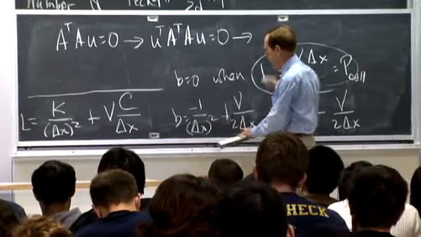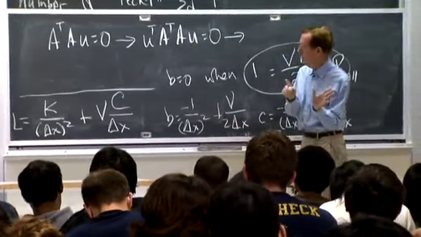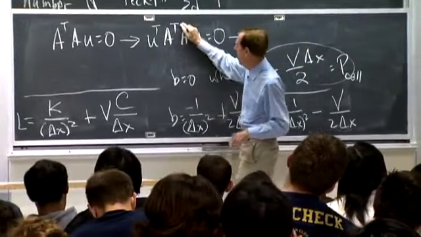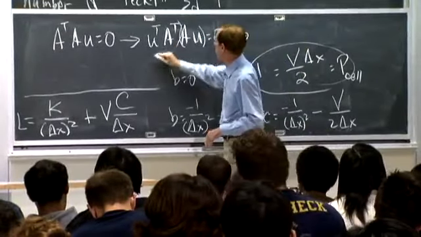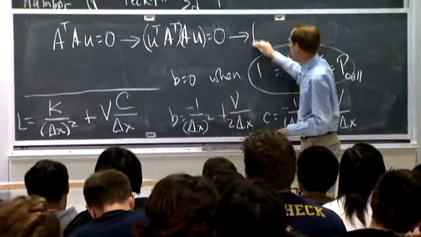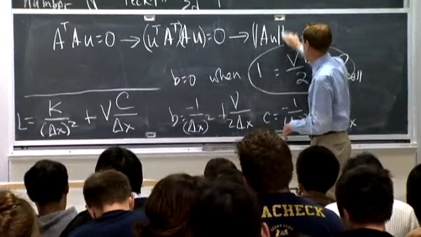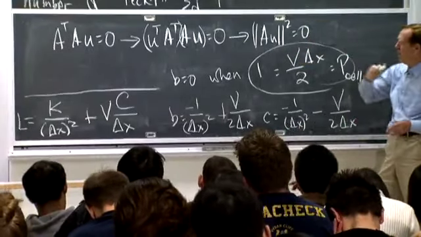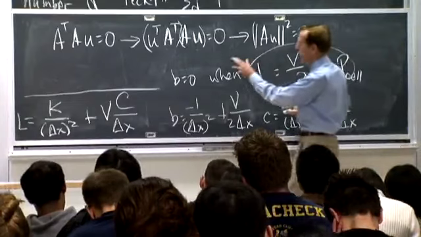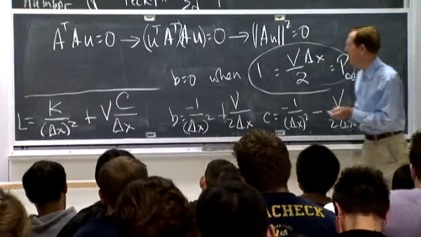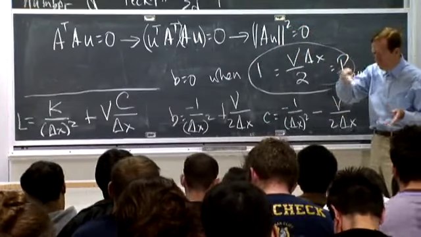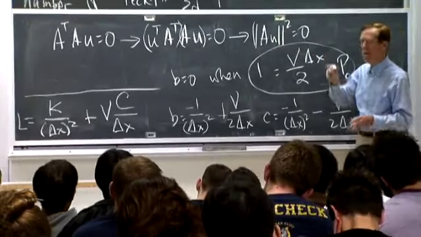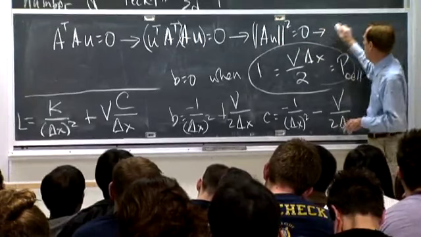Okay. Now what? Now how do I understand this? Well, you remember the key. Everybody remembers the key. You look at that thing and you say, hey, if I put parentheses in the right place, that's the length of Au squared. So that's the small trick, multiplying by u transpose and then seeing what you've got. And now if the length squared is 0, what does that tell me about Au?